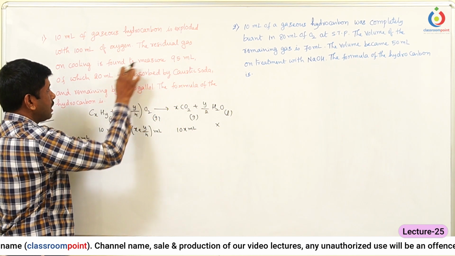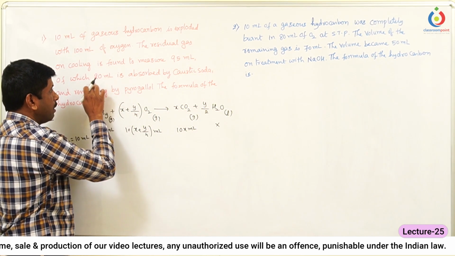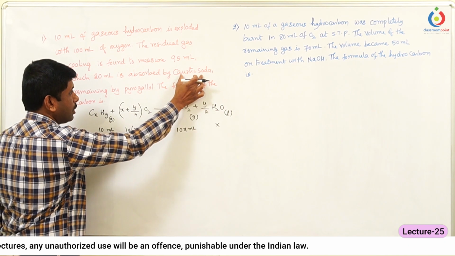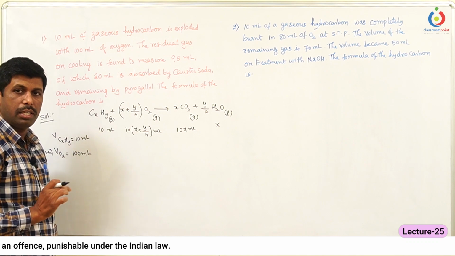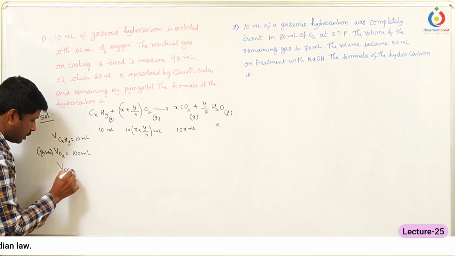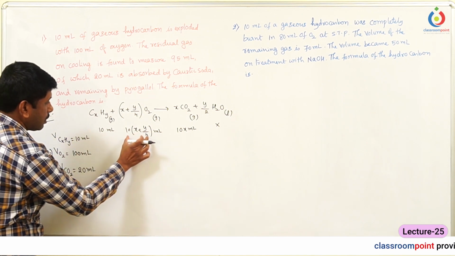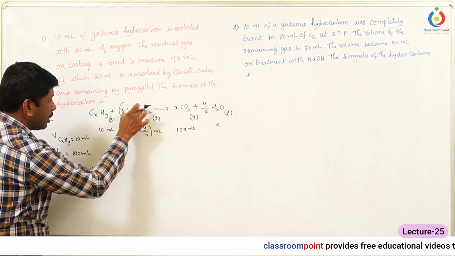And this gaseous mixture they passed over the caustic soda, of which 20 ml out of the 95 ml was absorbed by the caustic soda. Caustic soda absorbs only carbon dioxide, so the volume of the carbon dioxide here is equal to 20 ml. Then how much oxygen? This sentence says oxygen required.